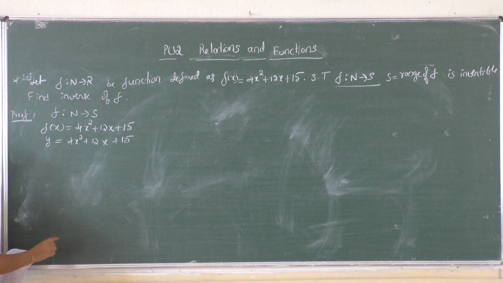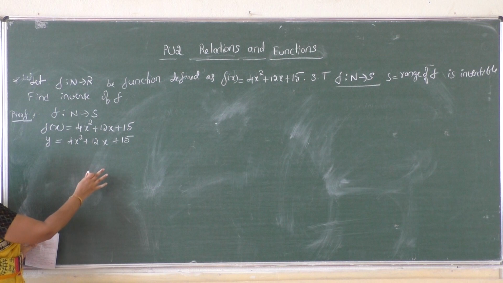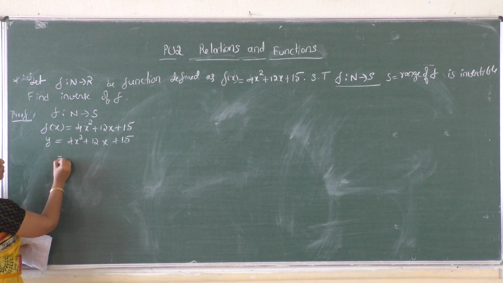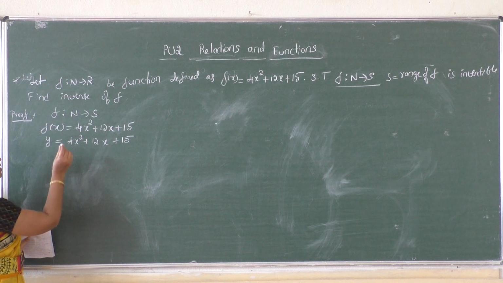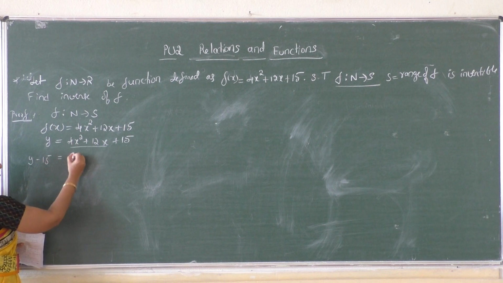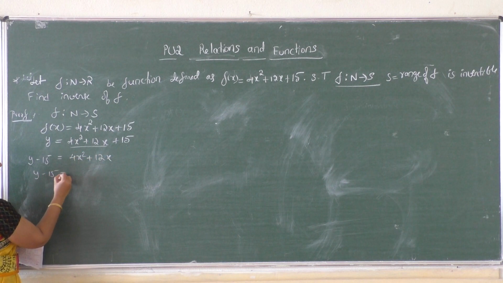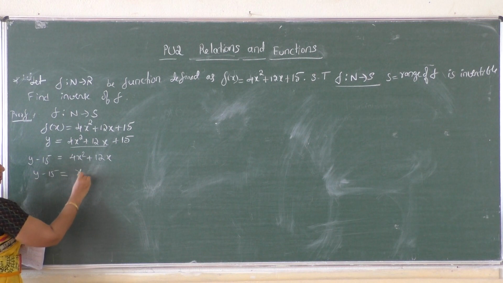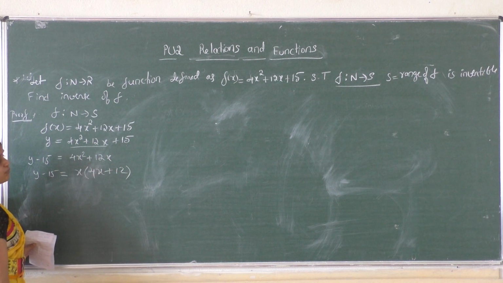Now what happens here? You have to write the left side as y and the right side as x, that means independent. If you want to write x equal to, that must be in the form of y, like root y. Now I can bring 15 to the left hand side, it will become y minus 15, and taking x as common, y minus 15 is equal to x times 4x plus 12.